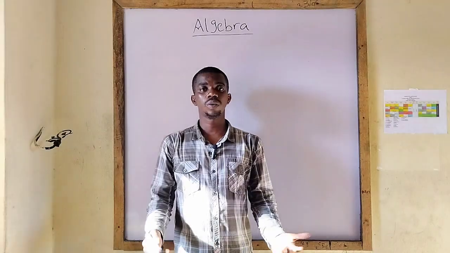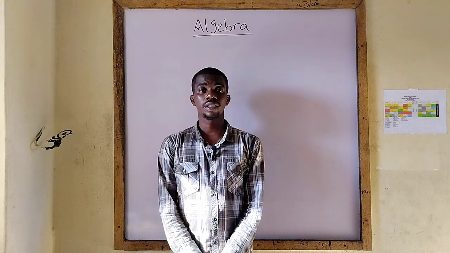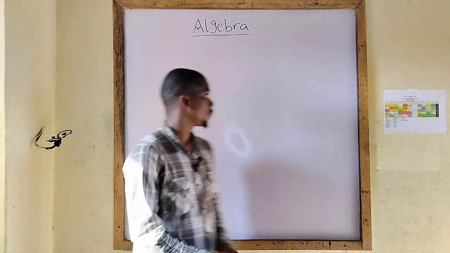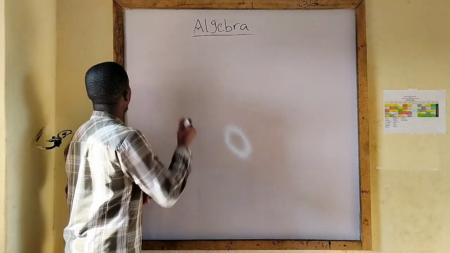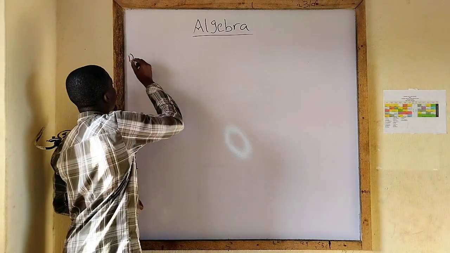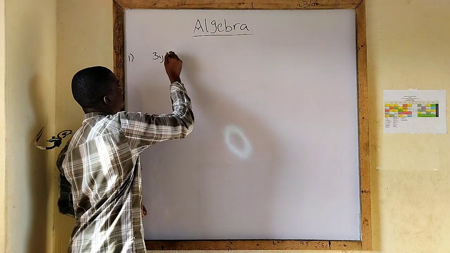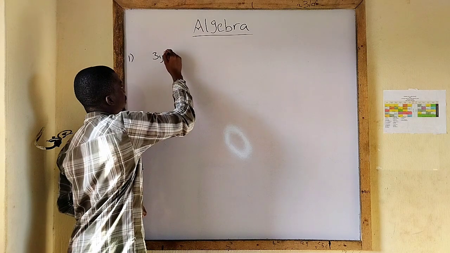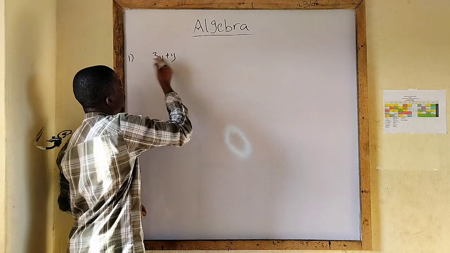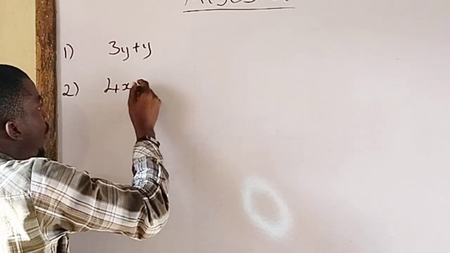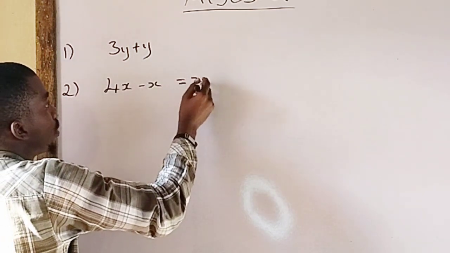Alright, the next thing we are going to consider is some examples of algebraic expressions. We have, say, 3y plus y. This is an algebraic expression. We have 4x minus x equal to 3x.